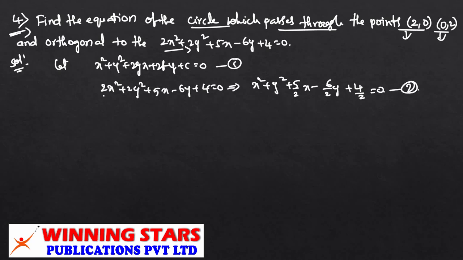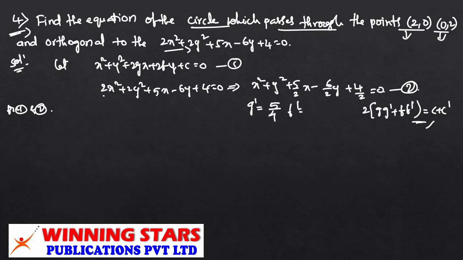So from 1 and 2 we will find the orthogonality. The orthogonal formula is 2g g' plus 2f f' is equal to c plus c'. Here g' is 5 by 4, and f' is minus 3 by 2. And c' is equal to 2.